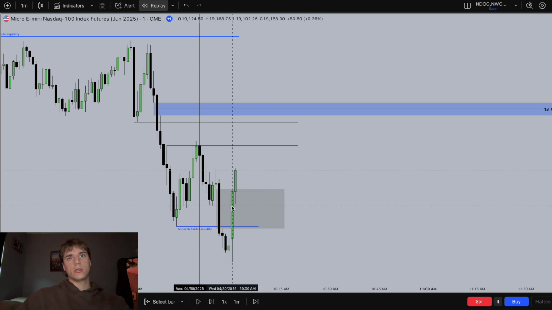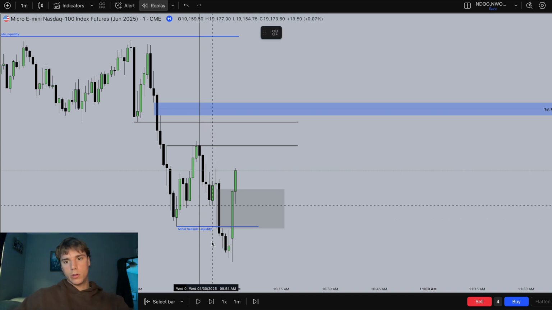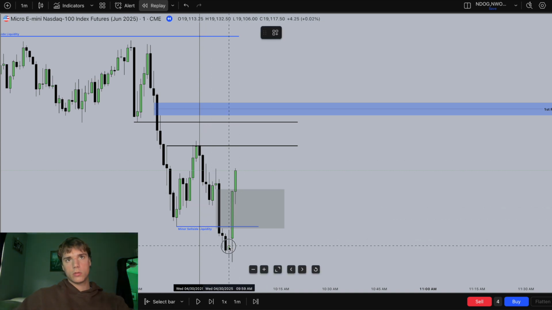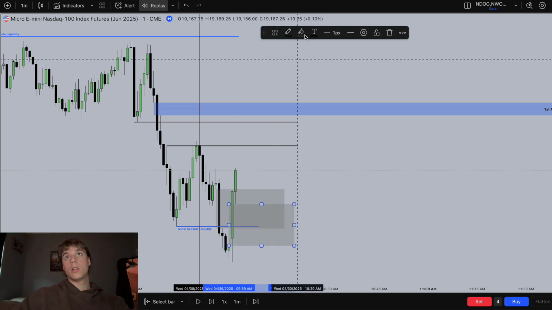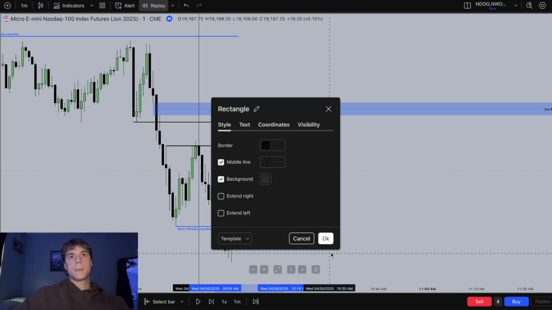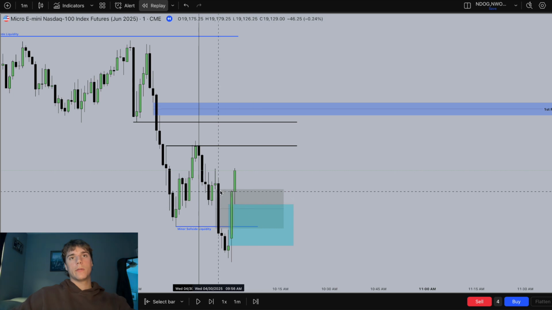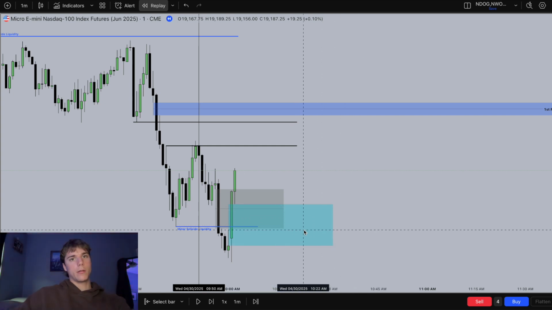All right, so right here we have our BISI, which is going through and inversing this right here. So we have a fair value gap to the downside, and then we want to see this get inversed, which we close above, we inverse it, while creating this fair value gap to the upside.